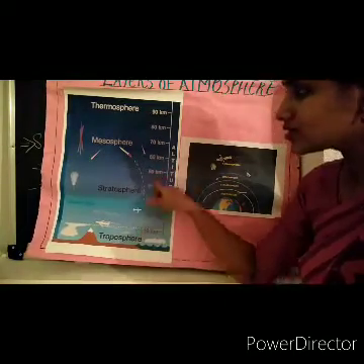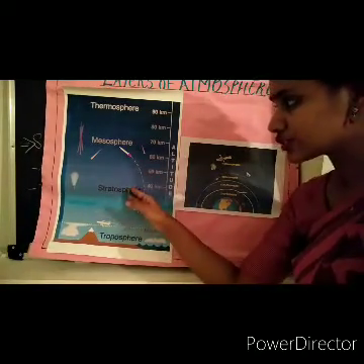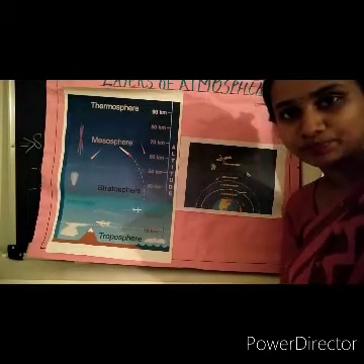And also, let us see this image. Here also, you can see the layers of atmosphere that we discussed now. That is troposphere, stratosphere, mesosphere and thermosphere. And also, here are some transition zones between these layers.